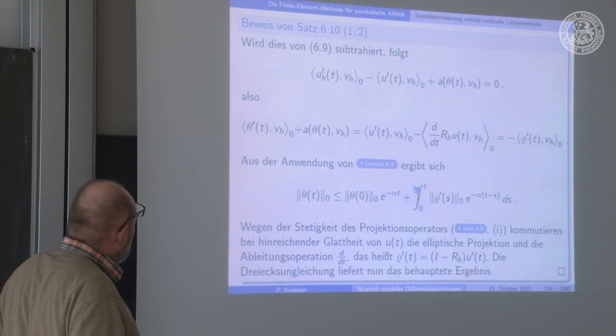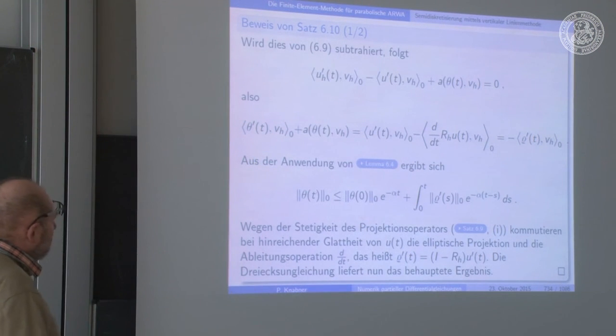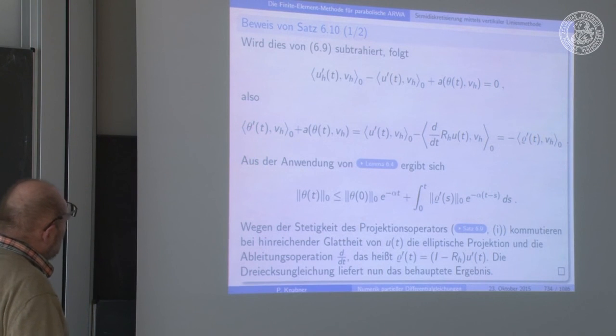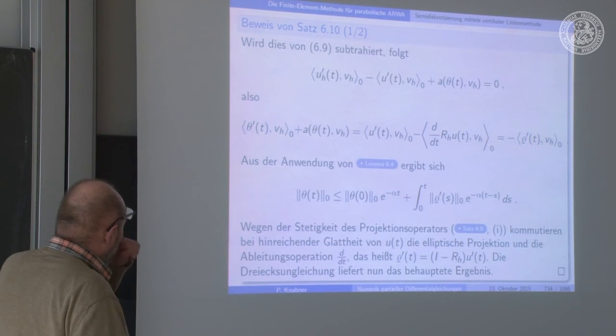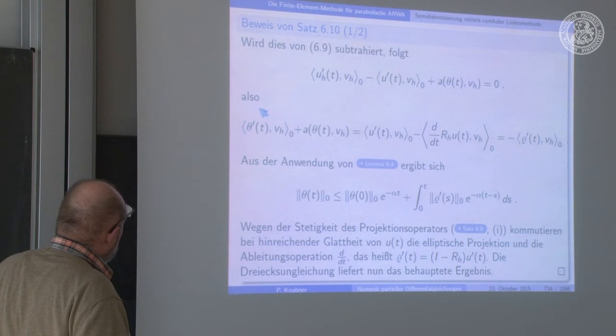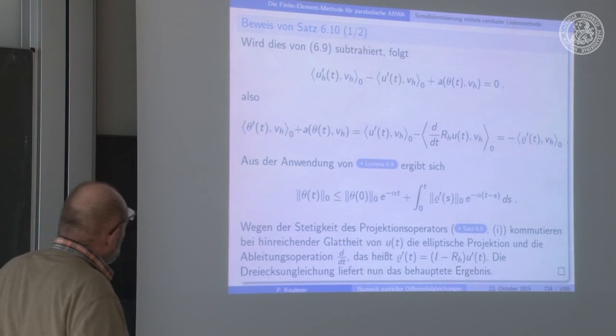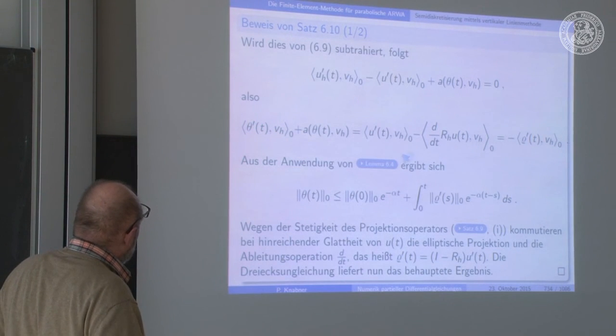But if we are here already now, the rest is just the stability estimate for the continuous problem, which we have seen already, which of course also applies here. The basic space we are using is now the space VH, because theta is VH valued.